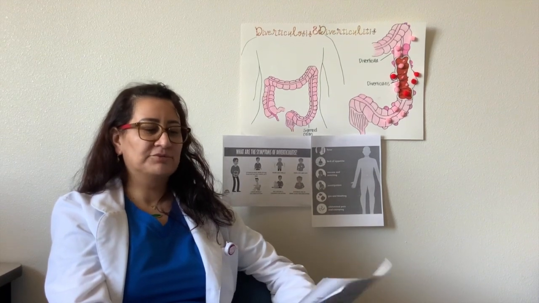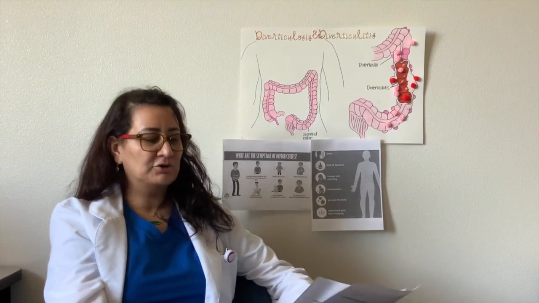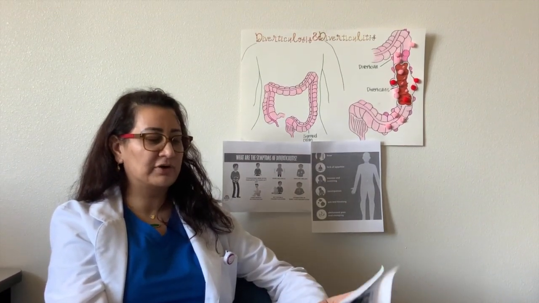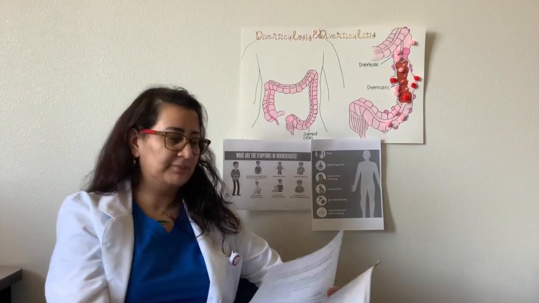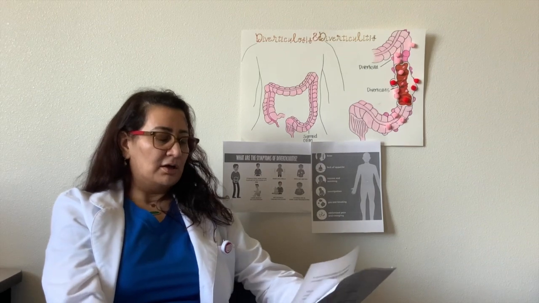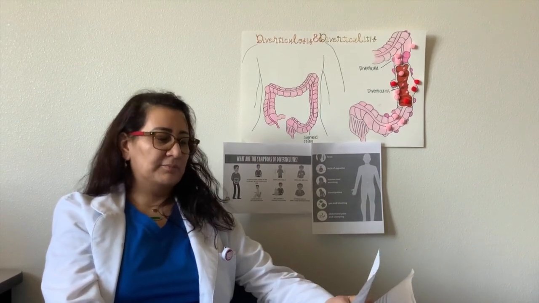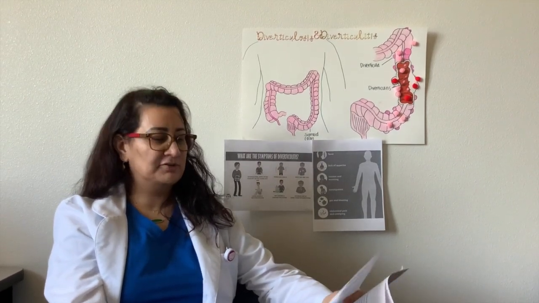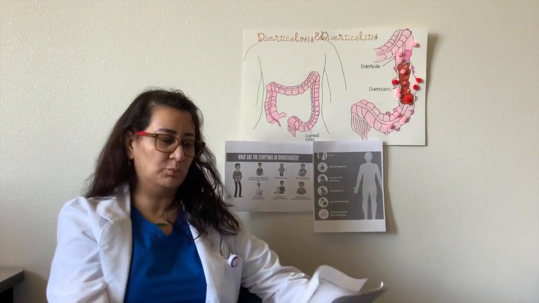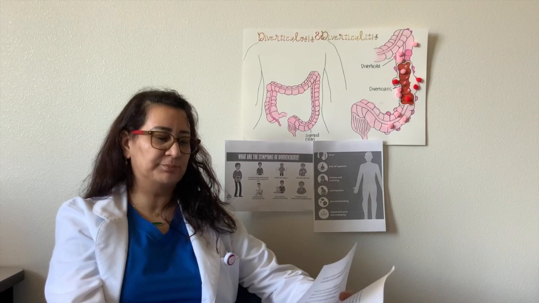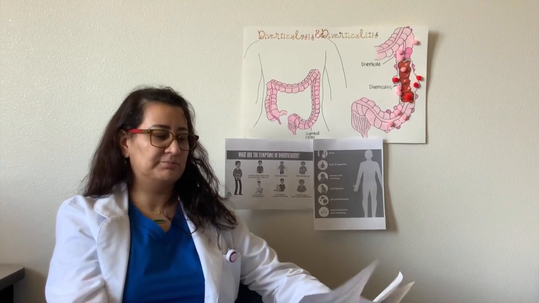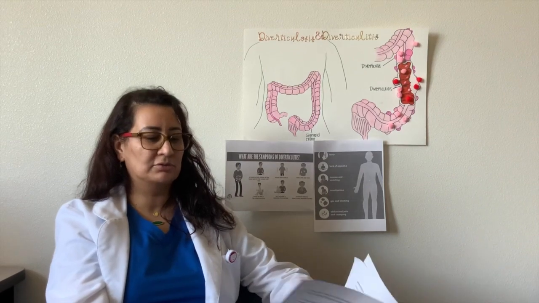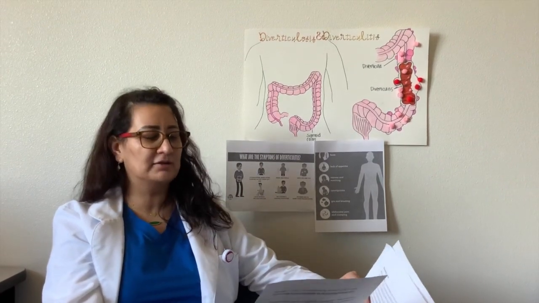Sometimes patients will have abdominal pain or cramping in the lower left and right quadrants, but not much. It's sometimes diagnosed as a secondary finding when a colonoscopy or sigmoidoscopy, things like that, is done.